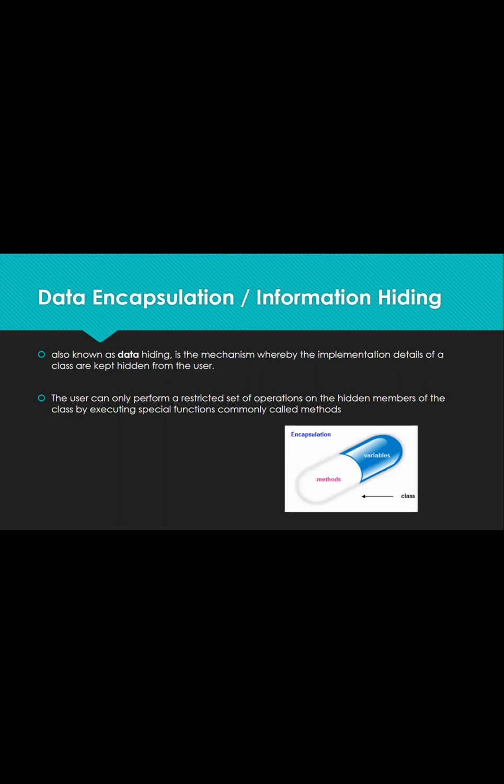The user can only perform a restricted set of operations on the hidden members of the class. Now imagine there is a class. In that class there can be some variables that need to be hidden from others.